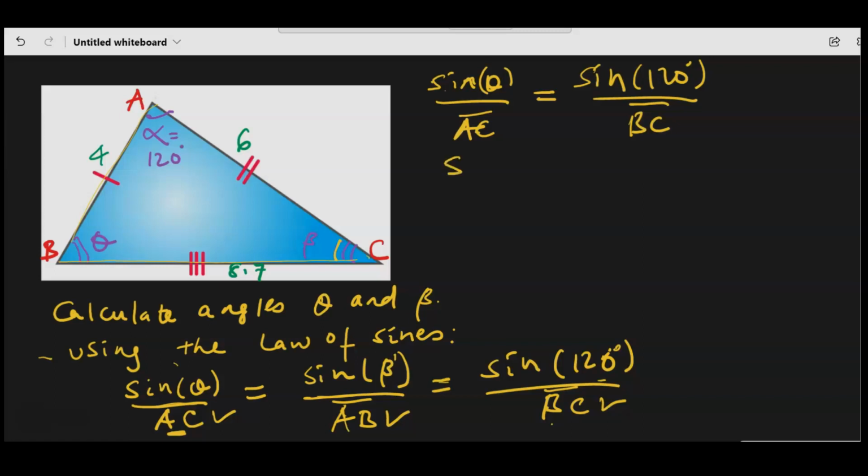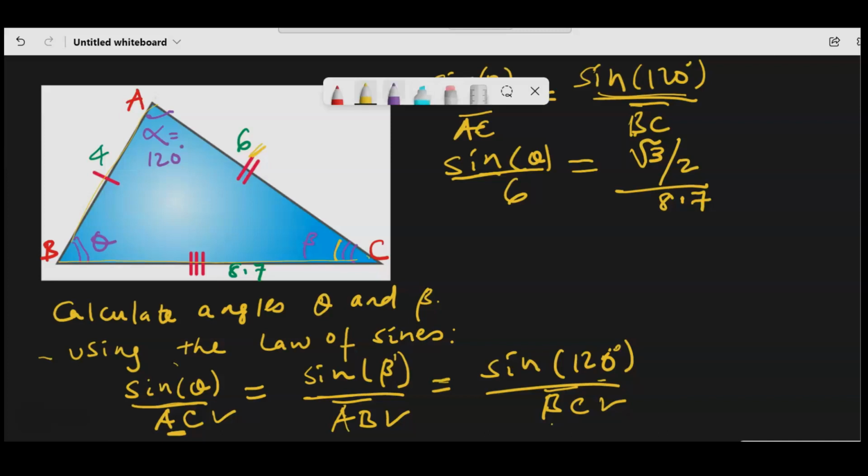So sine theta divided by AC, which is 6 units, is equal to sine 120 degrees, which is square root of 3 divided by 2, something that we can find from the trigonometric table, divided by side BC, which is 8.7. We have calculated this value earlier.